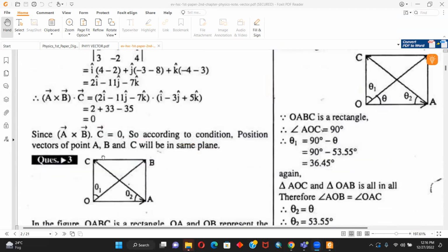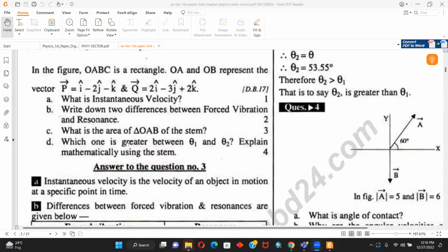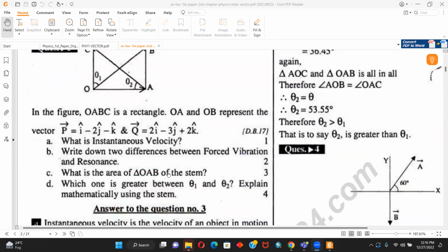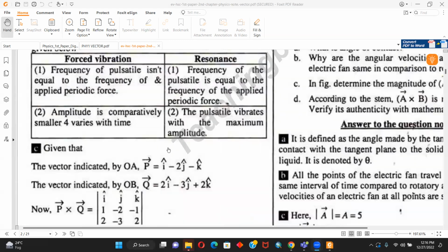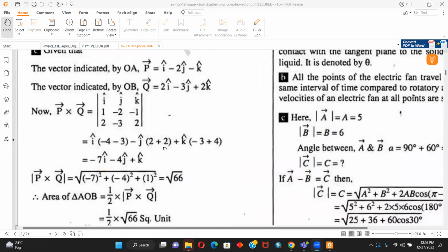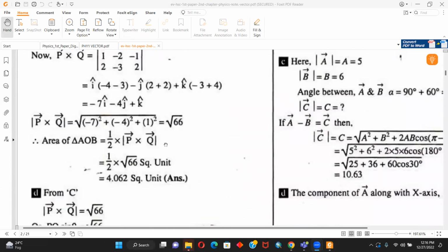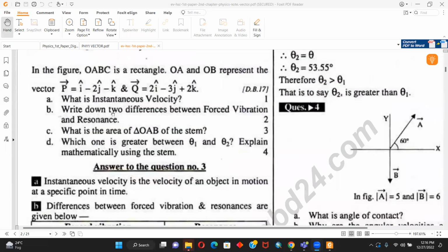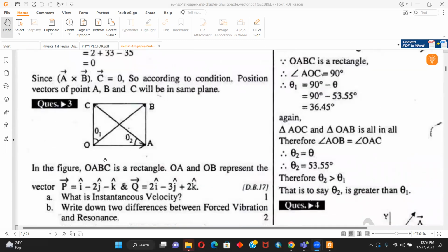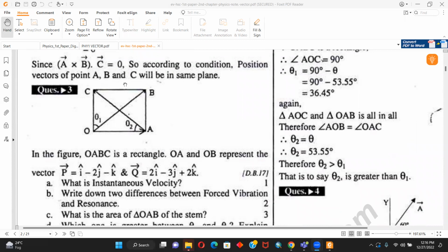I will give you this PDF. This one is easy, you will be able to do this. So what is the area of the triangle OAB? With the cross product you can calculate the area of the whole parallelogram, and then divide by 2 to get the triangle.